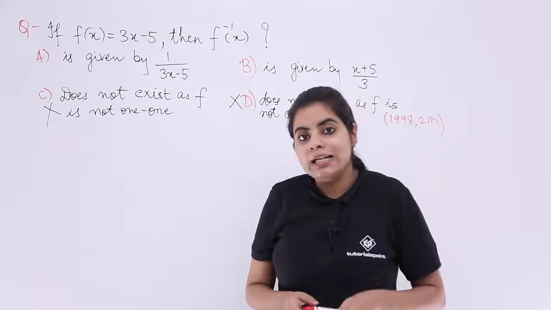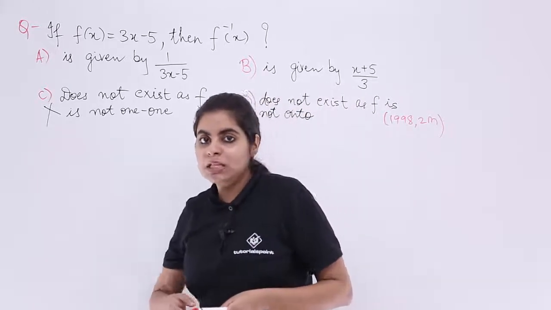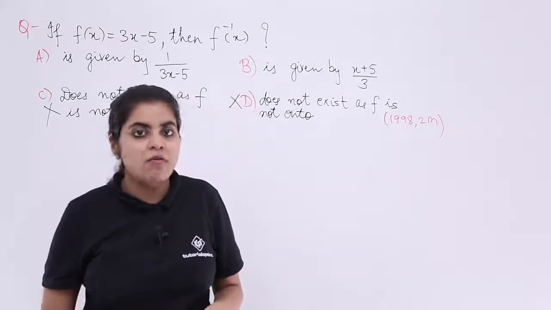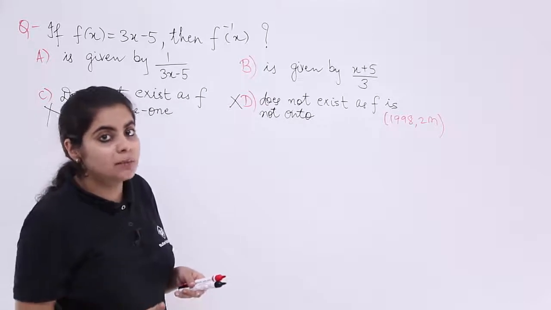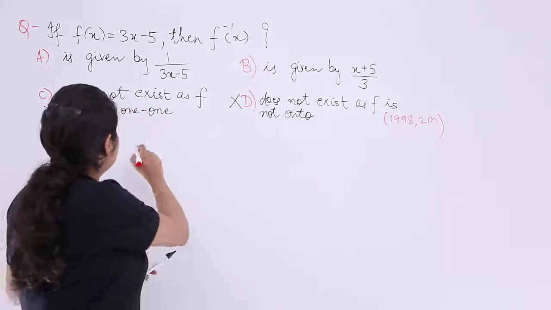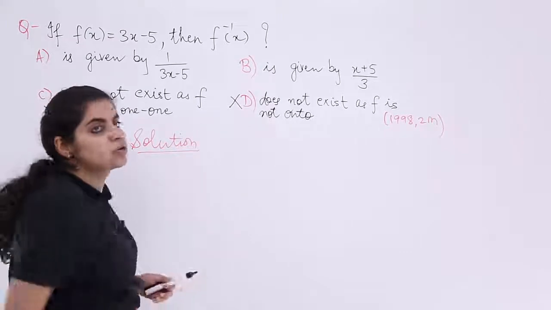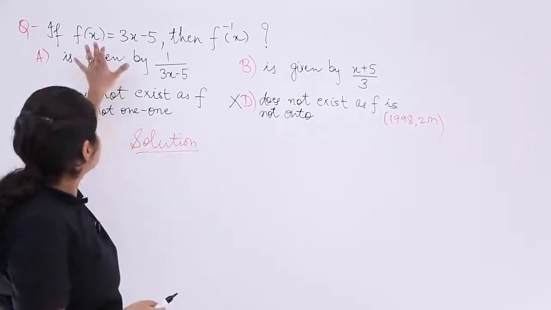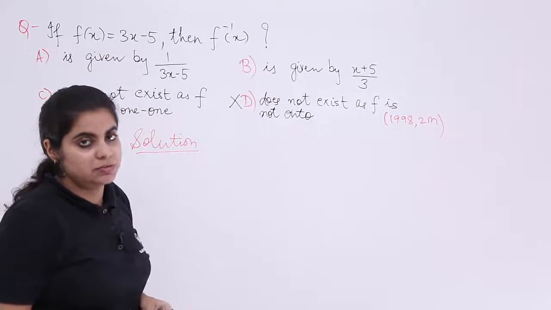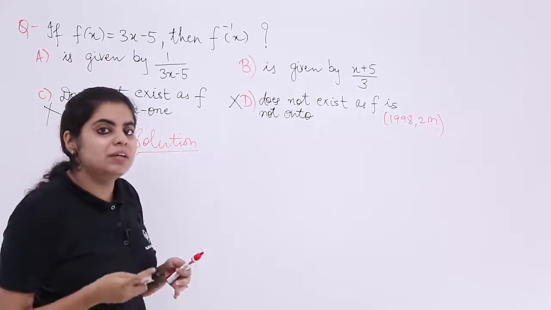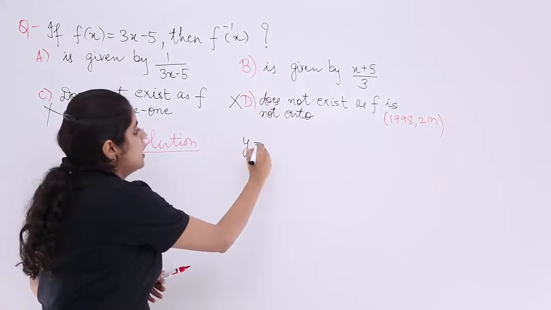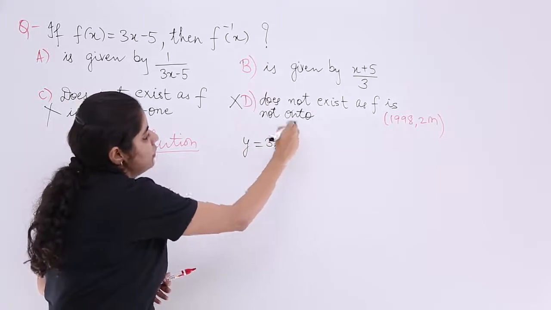Now, ultimately we are left with 2 options. That means we have to find the inverse. Let's see. I put the heading as solution and let's go about solving the same. I have f(x) is equal to 3x minus 5. Now f(x) can be written as y. So my y is equal to 3x minus 5.